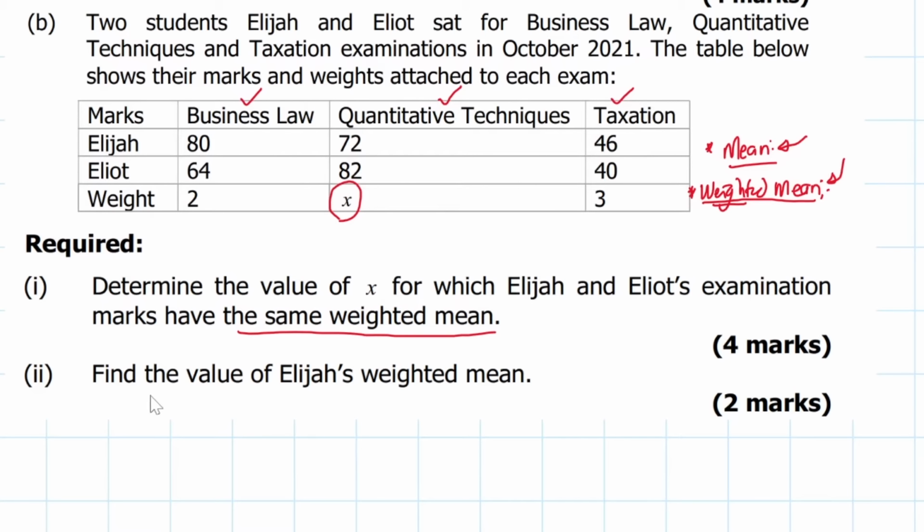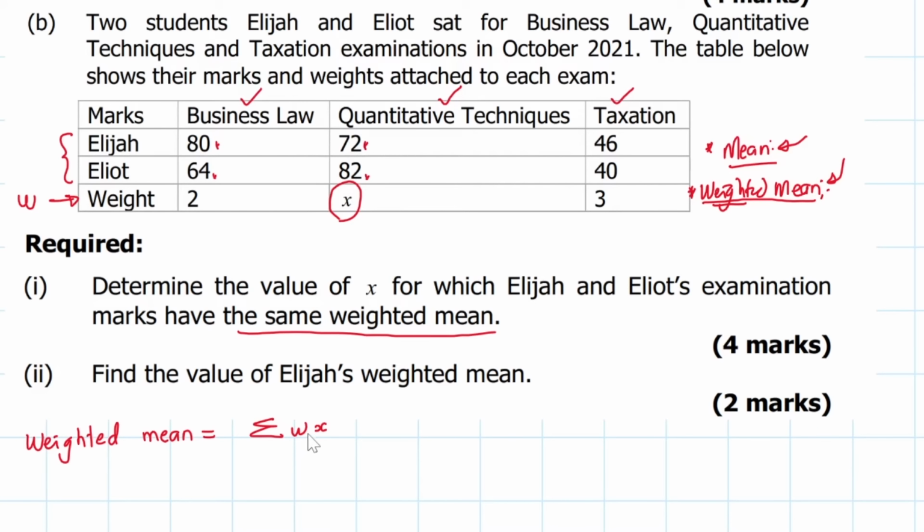So the weighted mean, let me write the formula here. The weighted mean is given by the summation of the weight times the value of x. In this case, this is what we are calling our weight, and the value of x are these, the marks.